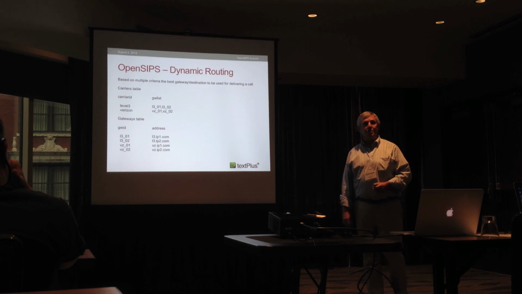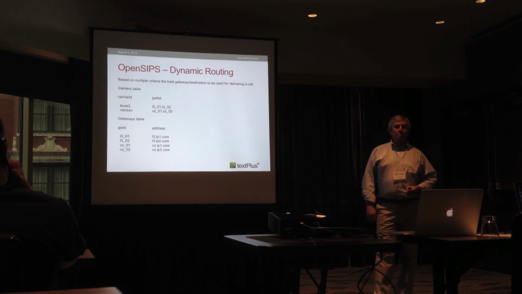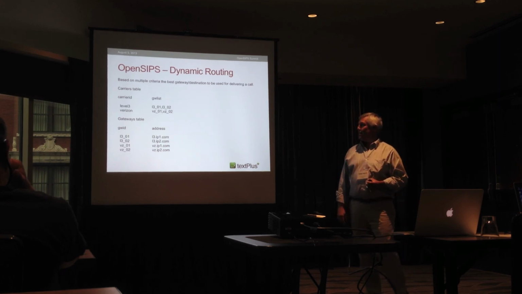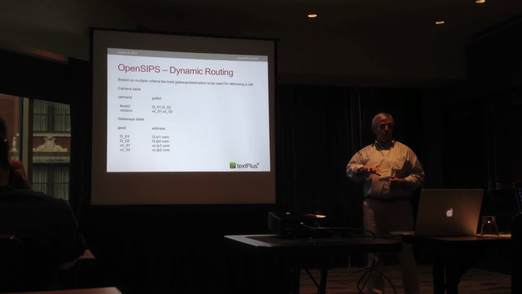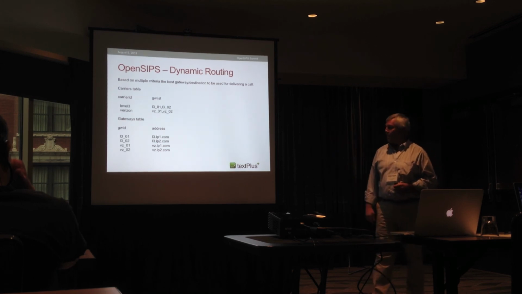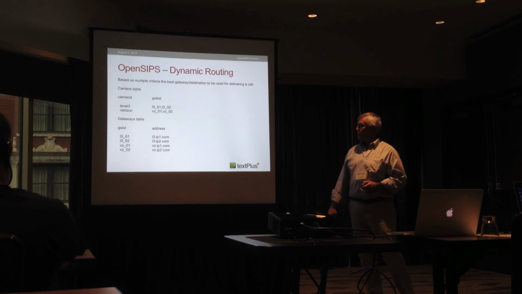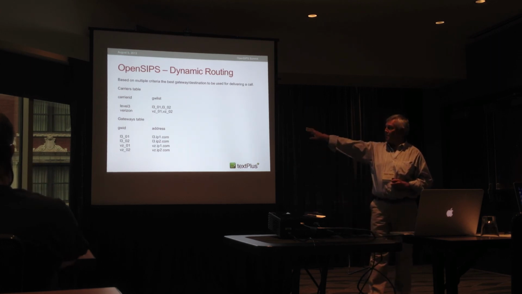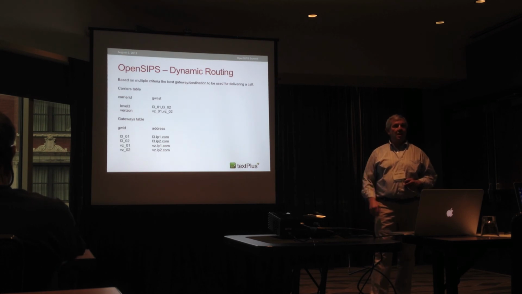Dynamic routing was discussed as well, another module, probably the most complex of the modules. Dynamic routing can do all kinds of crazy things. In a very simple form, you can have a carrier table and a gateway table, and you can route to, let's say, Level 3 via a couple of different IP addresses.